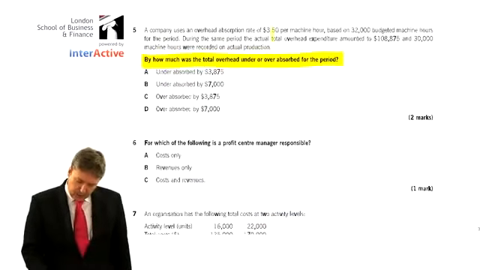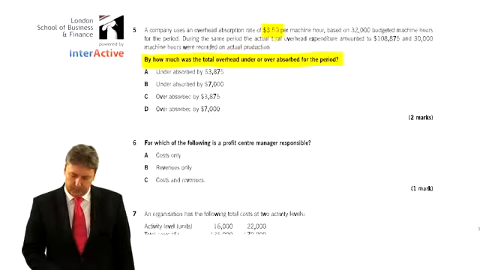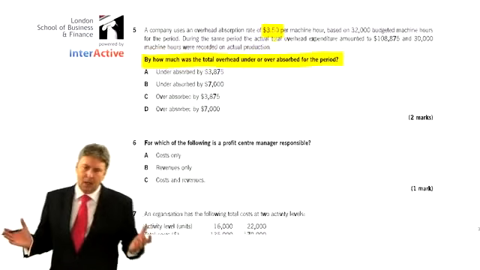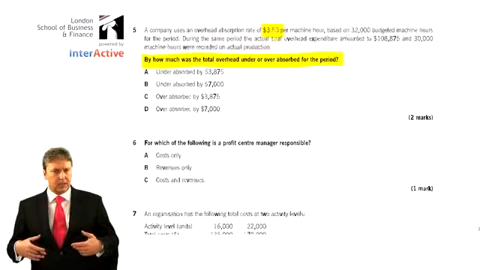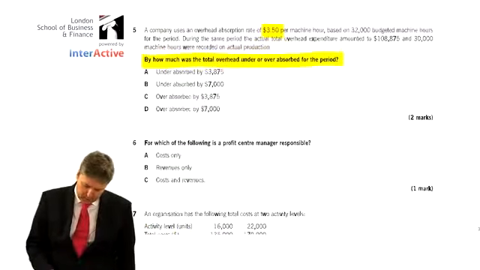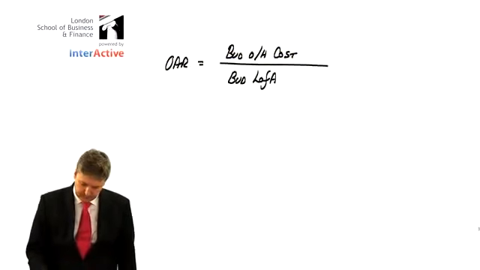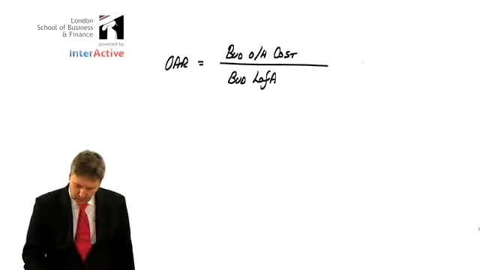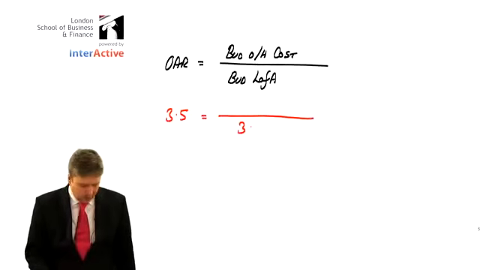A company uses an overhead absorption rate of 3.5 per machine hour, based on 32,000 budgeted machine hours. Well, okay, we'll come back and talk about this in more detail in a moment, but what we're told is that the overhead absorption rate is 3.5 and the budgeted level of activity was 32,000 machine hours.